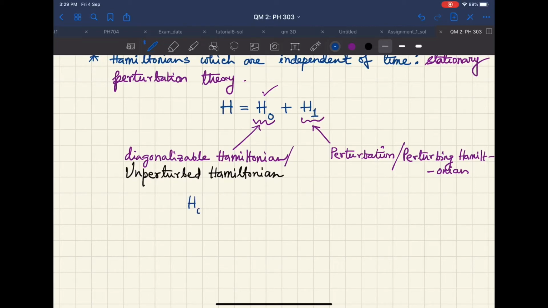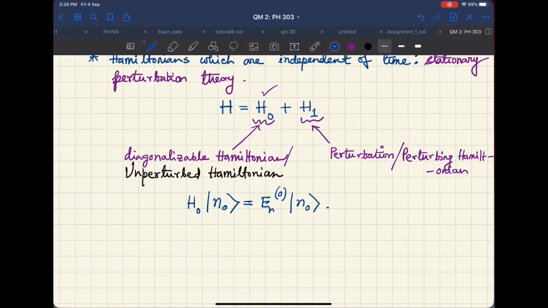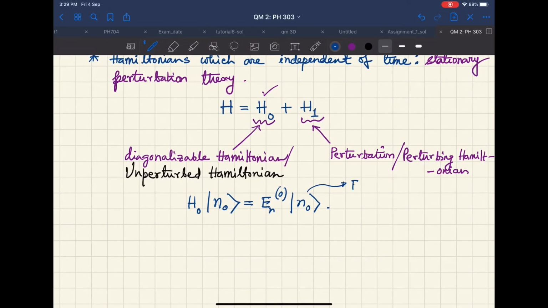That means I know H0 acting on |n0> is equal to En0 |n0>, where |n0> denotes the eigenstates of H0. Let me write everything clearly. So these are the eigenstates of H0, and the En zeros are the eigenvalues of H0.